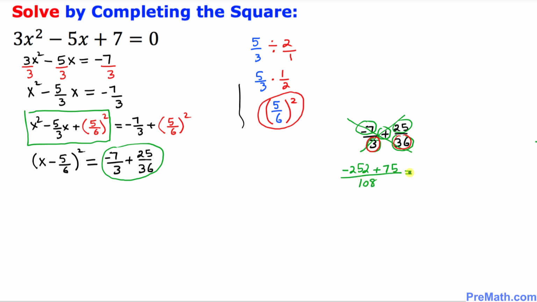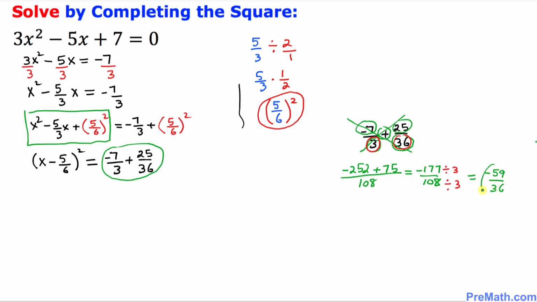And now the next thing is we are going to simplify, add on the other side. On the top is going to become negative 177 divided by 108. As you can see, both these numbers are easily divisible by 3, so I'm going to reduce them, and this could be written as negative 59 divided by 36.